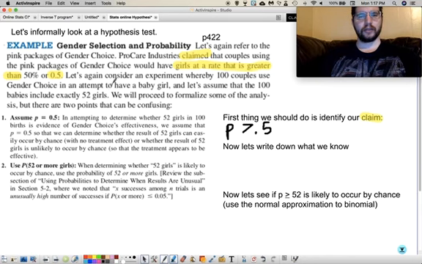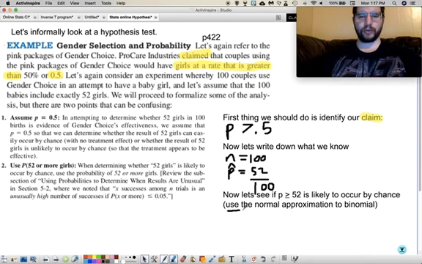All right, so now we're going to write down what we know. 100 couples, so n is 100. And 52 were girls, so that makes p hat 52 out of 100. So that's all this really gives us.